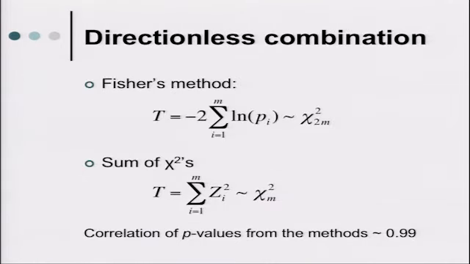And then there's another class of more traditional meta-analysis statistics, called Fisher's test and summing of chi-squared values. These are directionless methods. We don't care what direction it's in; we just want to see if something is happening.